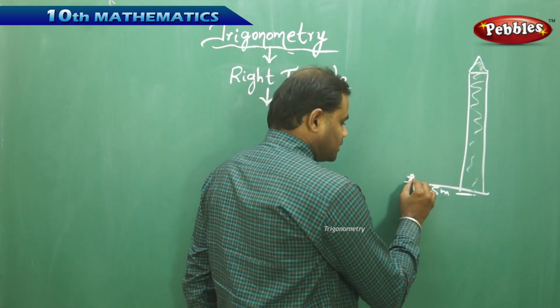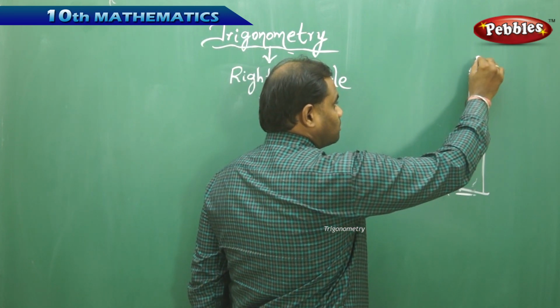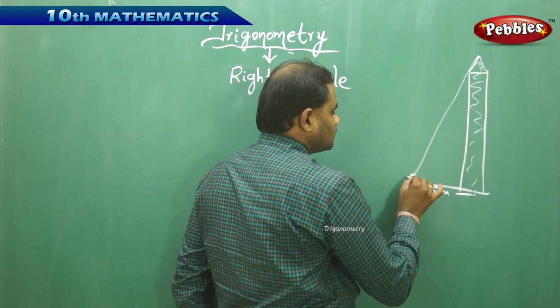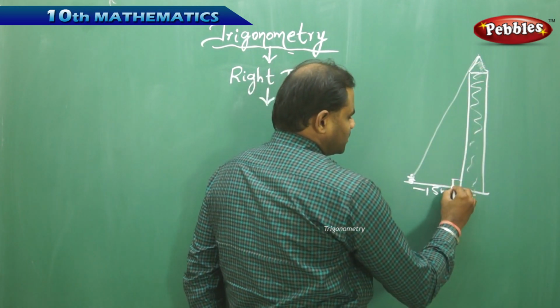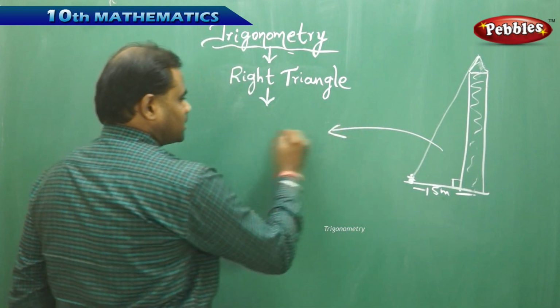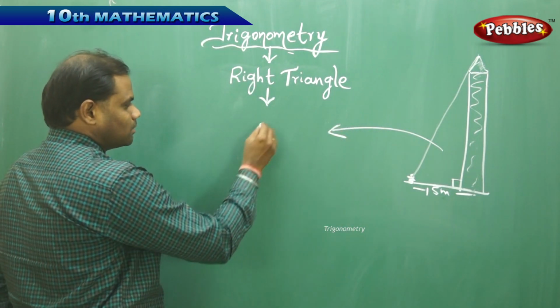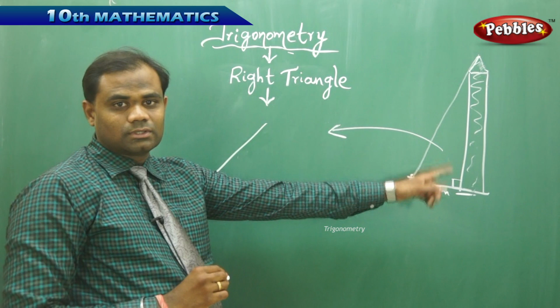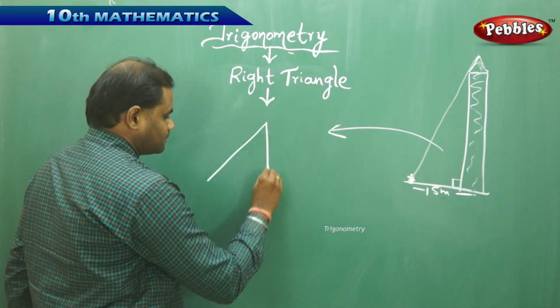If the person standing here is watching the top of the minar, then this being perpendicular clearly shows that this real life problem can be converted into a right angled triangle.